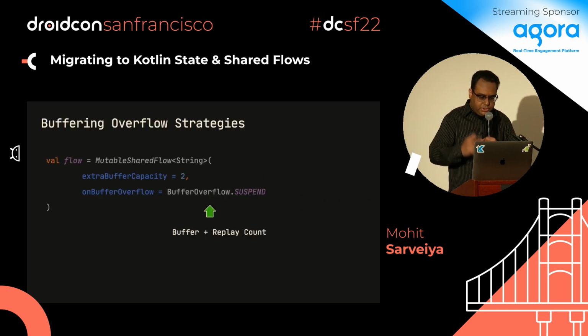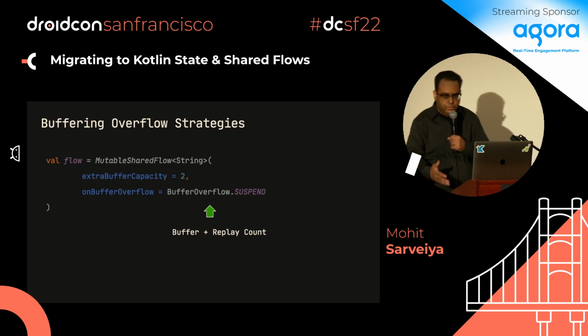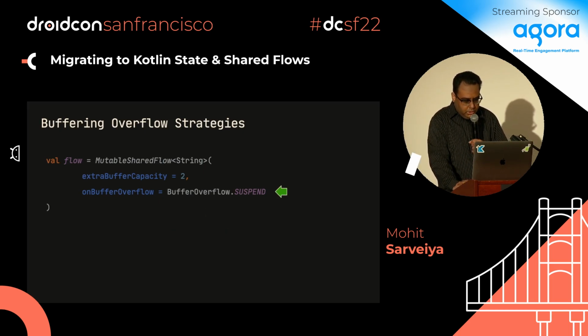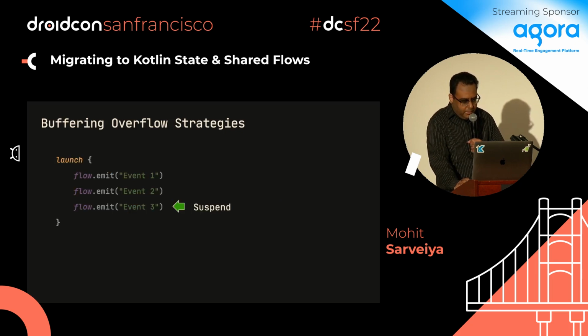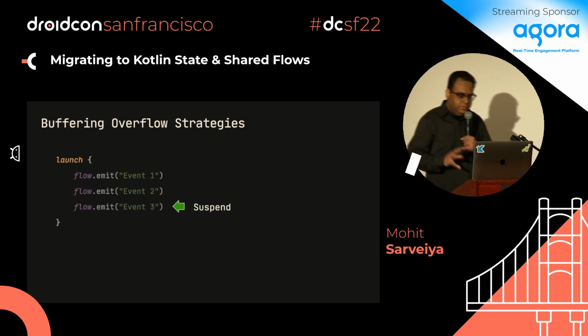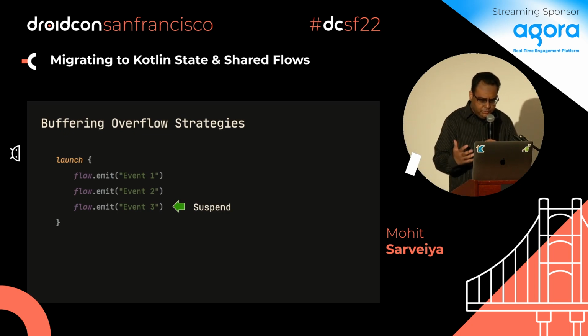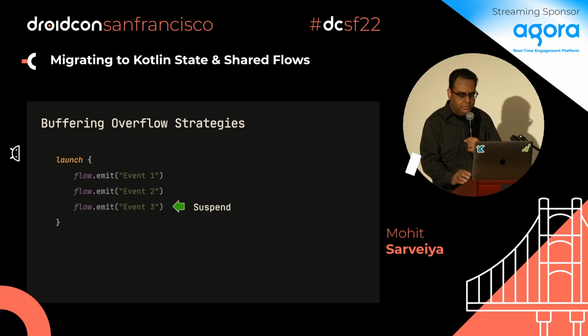And when you create a shared flow, it will set these parameters for you. In this example, I have a cache size of 2. It will store at least 2 emissions. So suppose you had an example where you emitted to the flow 1, 2, and 3, and then at 3, this producer coroutine will suspend itself.